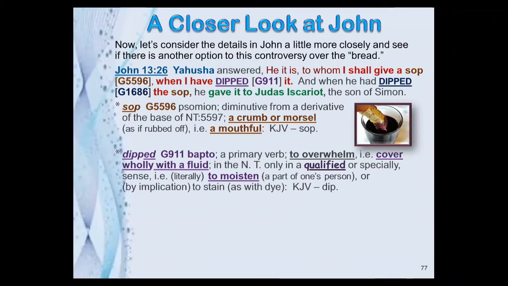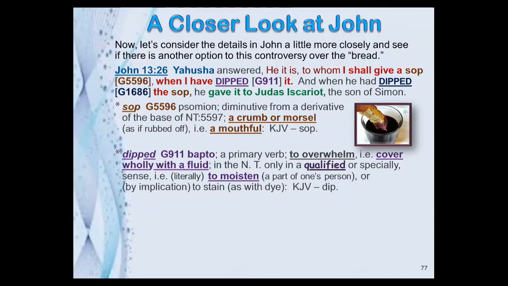I shall give a sop when I have dipped it. It's bapto. It means to overwhelm, to cover wholly with a fluid. And in the New Testament, look what it says. Only in a qualified or special sense. Qualified, everybody, to moisten, to make this bread wet, dripping wet.